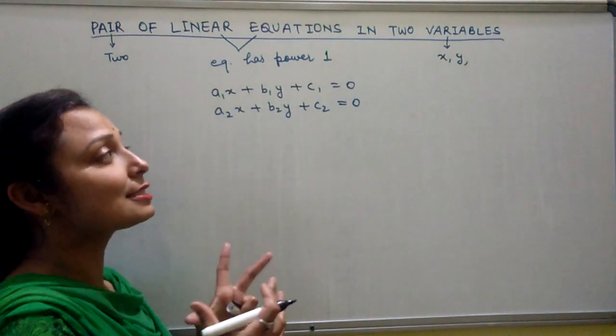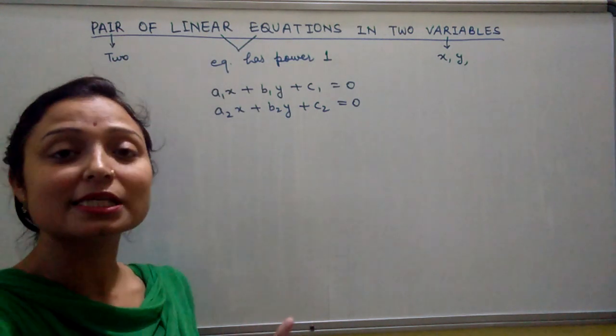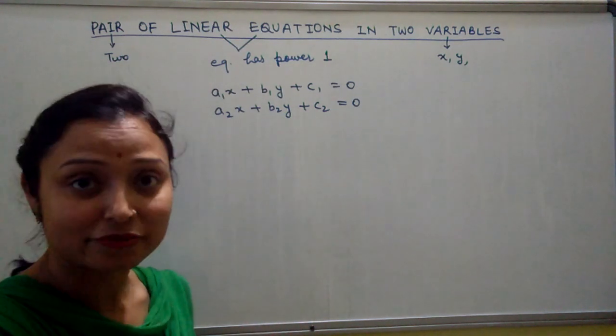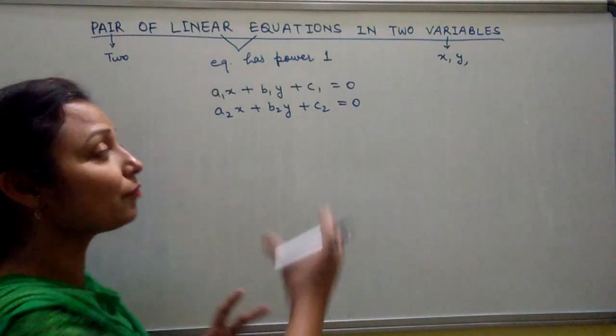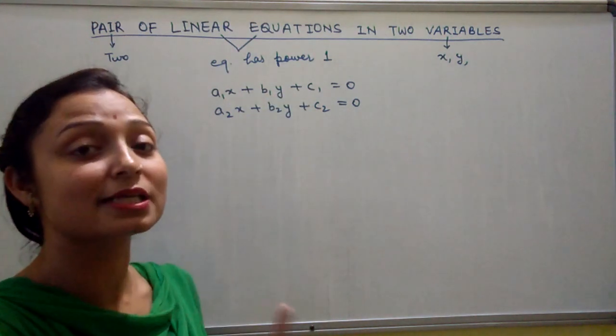Okay. So on the basis of these equations, we have graphs. The graphical representation of a linear equation is always a straight line.